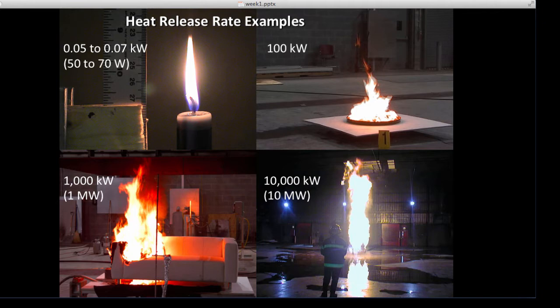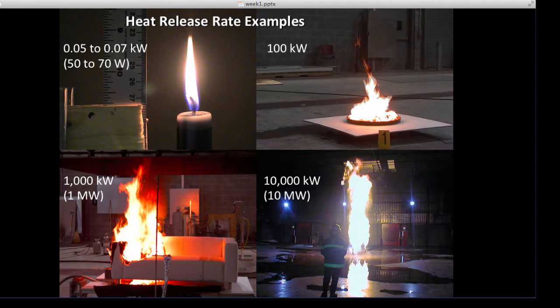But a sofa, I would say either a small sofa that's fully burning or a larger sofa that's only partly on fire is about 1 megawatt. This little white sofa here from IKEA, if we got that whole thing burning, it's probably closer to 2 or even a little bit more megawatts when that's going at its peak.